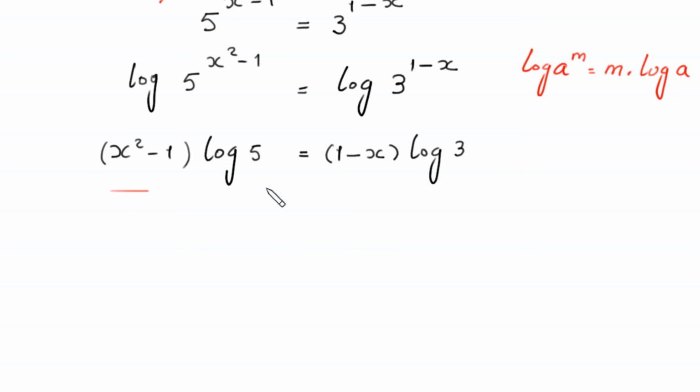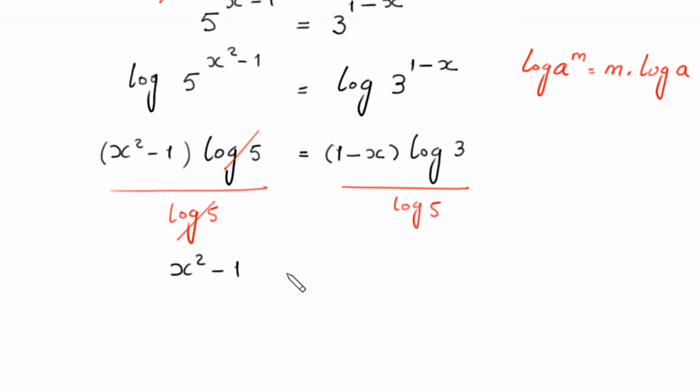Now we divide both sides by log of 5. So this log of 5 will be cancelled out with this log of 5, and at left hand side we are left with this expression x squared minus 1 is equal to 1 minus x times log of 3 divided by log of 5.